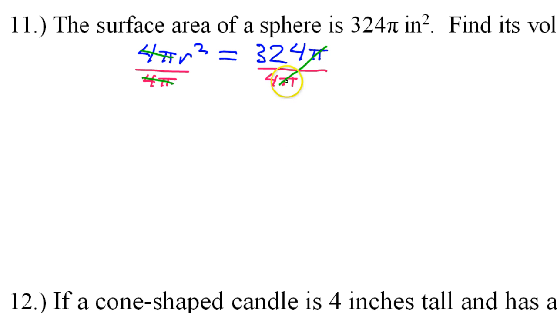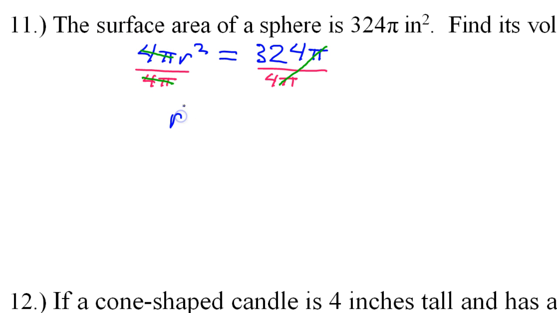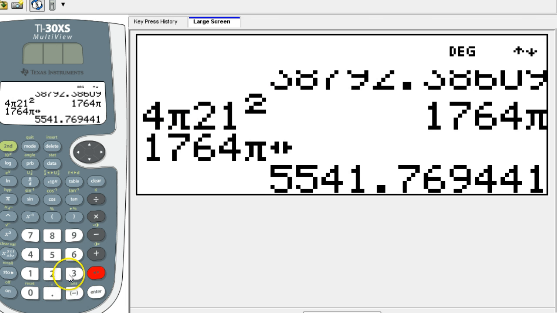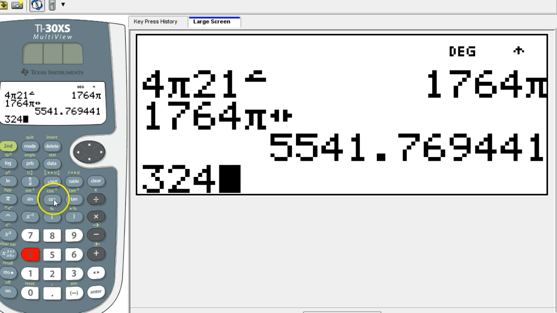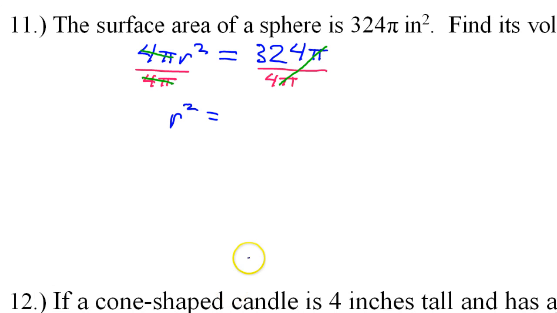So you need not type them into your calculator at all. So what we will have is r squared equals whatever 324 divided by 4 is. That's 81. Okay, so r squared is 81.